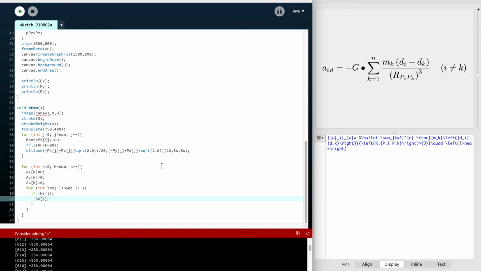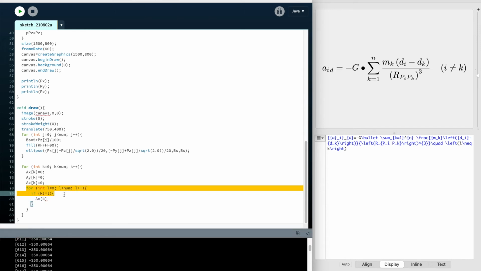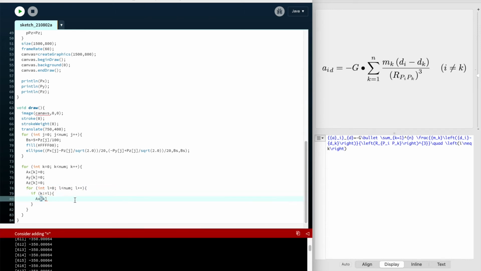what the acceleration is. So basically we're going to have to add all of these values. So we start at 0 and we don't say ax of k is equal to this new value, one value, because we're not only using one value, we're using a sum of all of these values that we get from this loop. So what we do is plus equals.